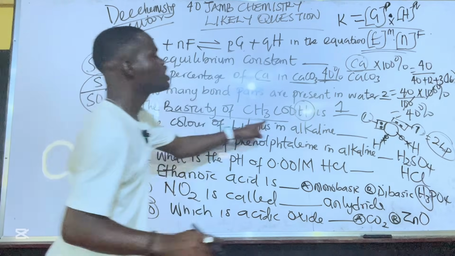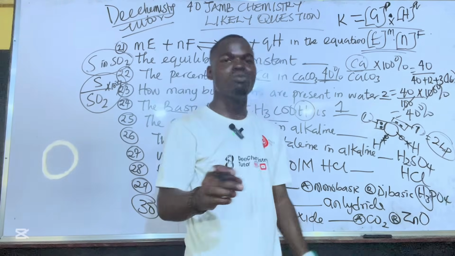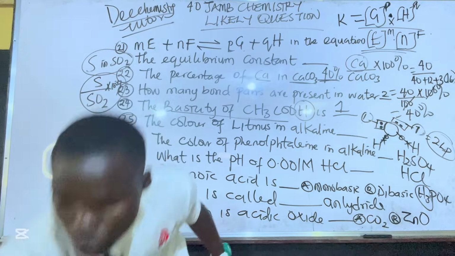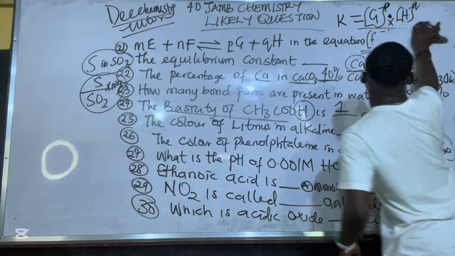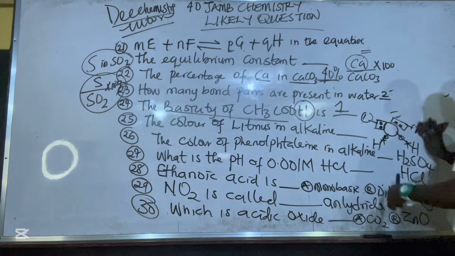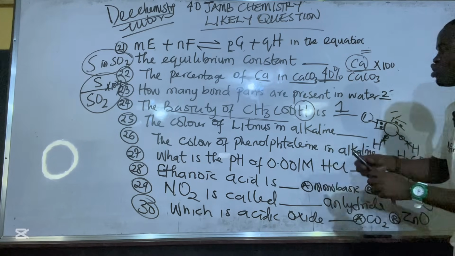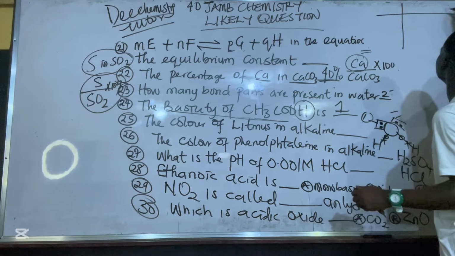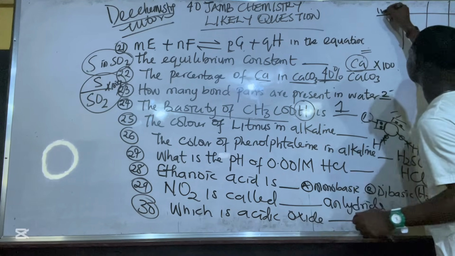Okay, the color of litmus paper in alkaline medium. I'll be using this to explain quite a lot of things, so I want you to pay attention. Now, when they say alkaline medium, what is the color? You have to know this. These are what we call indicators.